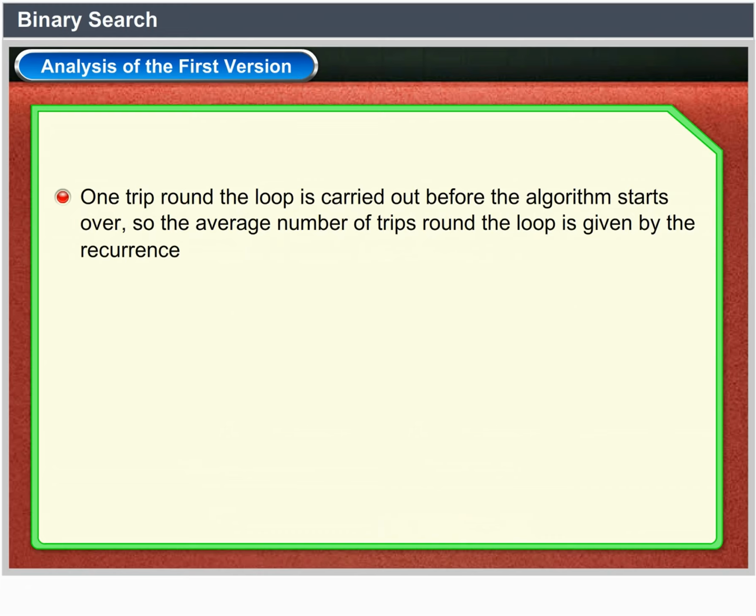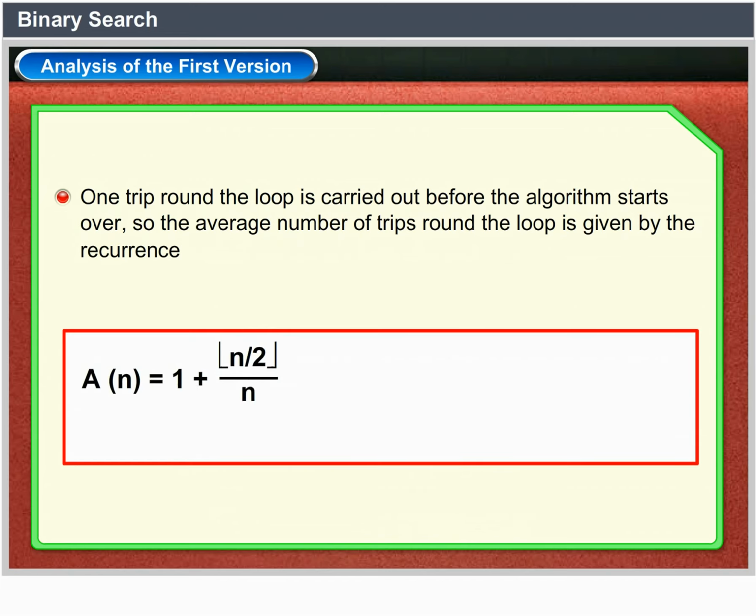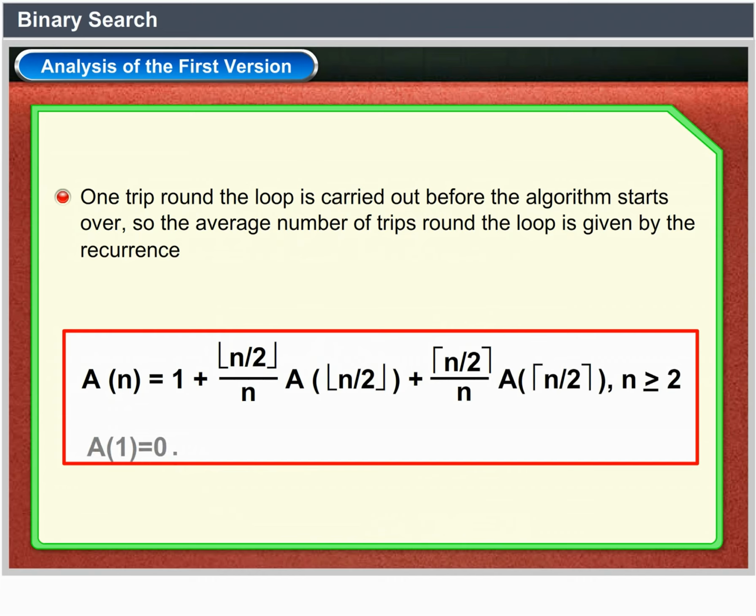So the average number of trips round the loop is given by the recurrence A(n) = 1 + (floor(n/2)/n)·A(floor(n/2)) + (ceiling(n/2)/n)·A(ceiling(n/2)), where n is greater than or equal to 2. A(1) = 0. Analysis of the second version.